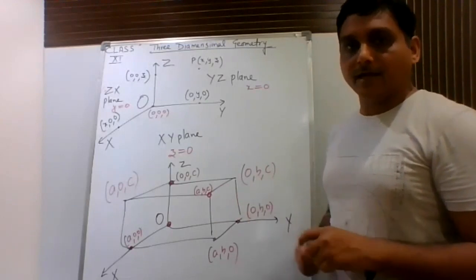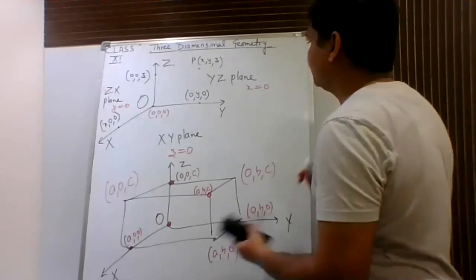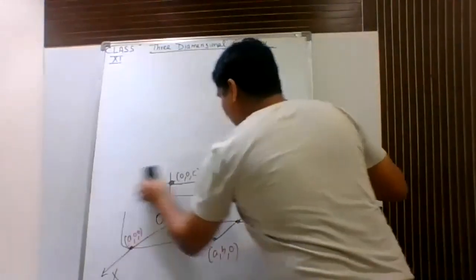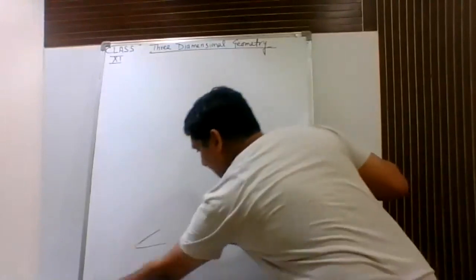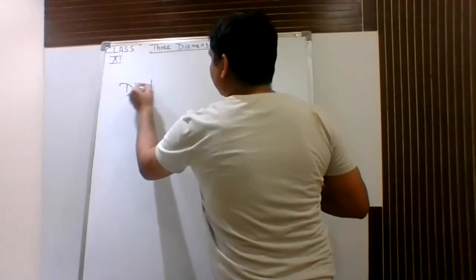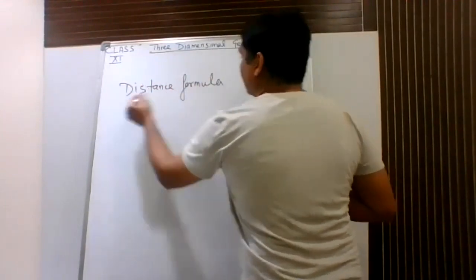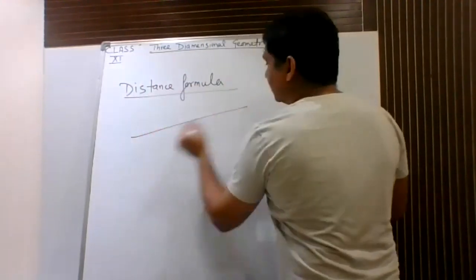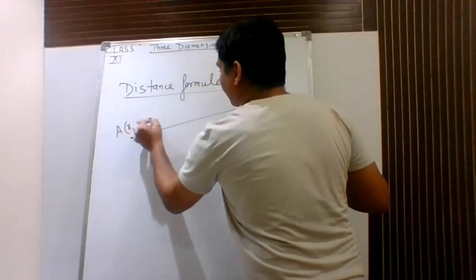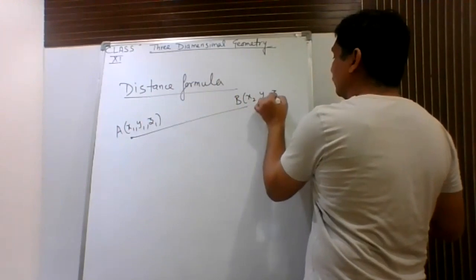Now after this, we had done the distance formula. So let me recall that distance formula. Suppose two arbitrary points are given to us. The coordinates of point A are x1, y1, z1, and the coordinates of point B are suppose x2, y2, z2.